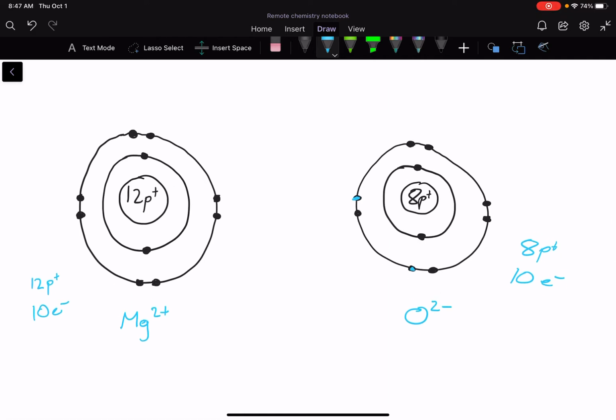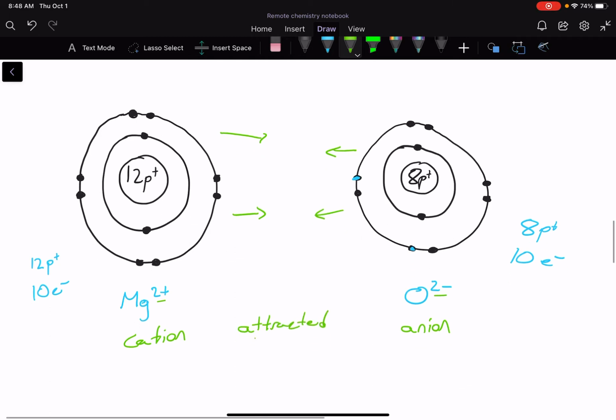And just like magnets, if you have opposite charges, they will attract. So the magnesium has a positive charge, the oxygen has a negative charge, and so what causes that bond is those opposite charges. So now this negative ion, or this anion, and this cation, they feel an attraction between each other because they have those opposite charges.